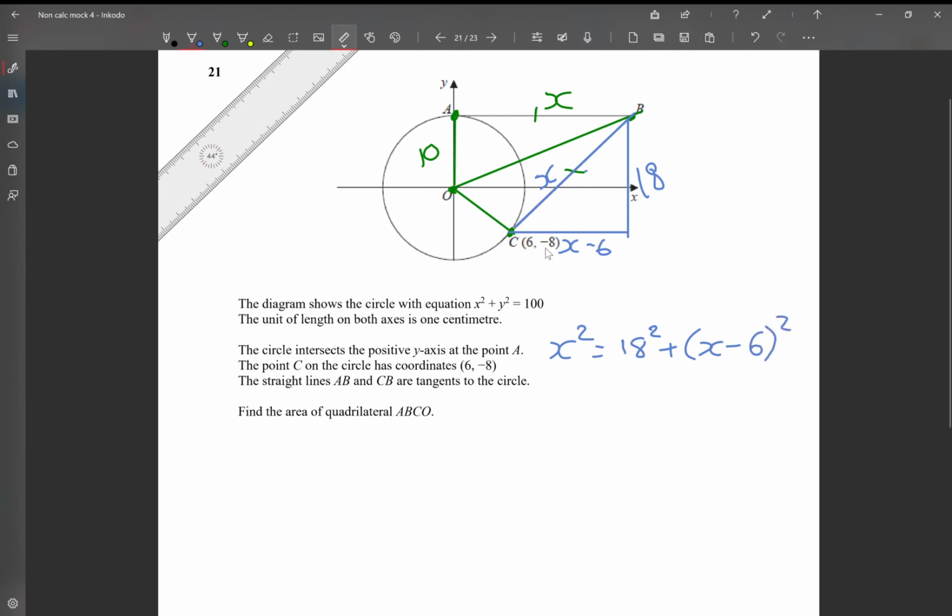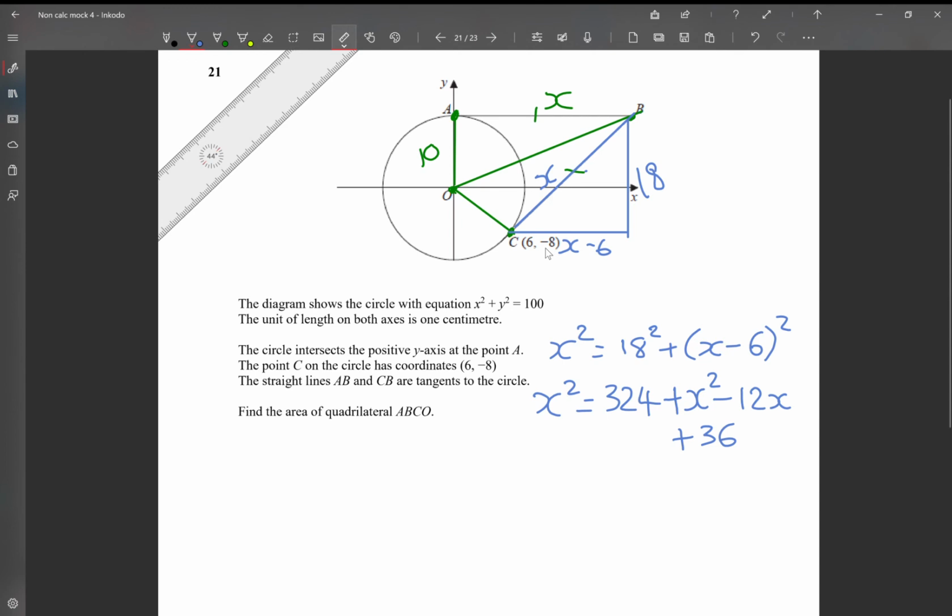So we can rearrange that. x squared equals 18 squared, 324, plus x squared minus 12x plus 36. I just expanded this one here, and then squared 18.